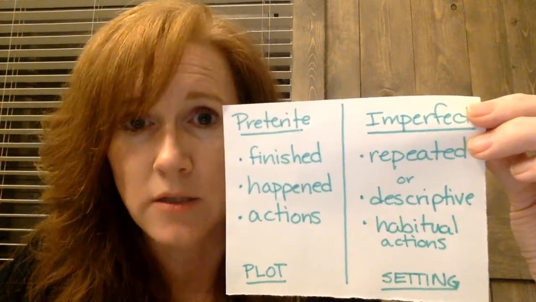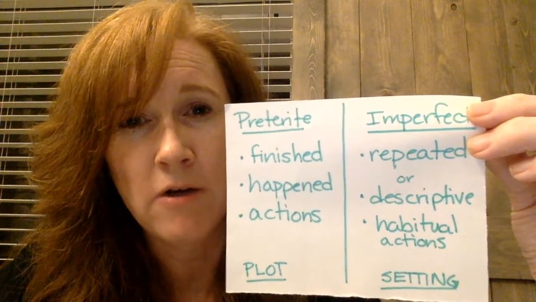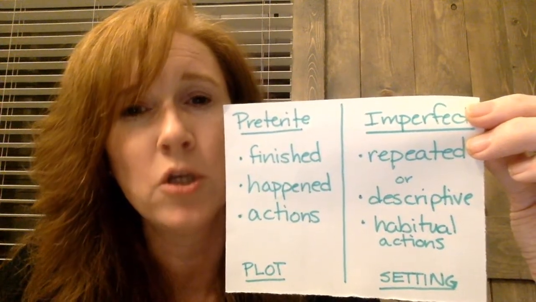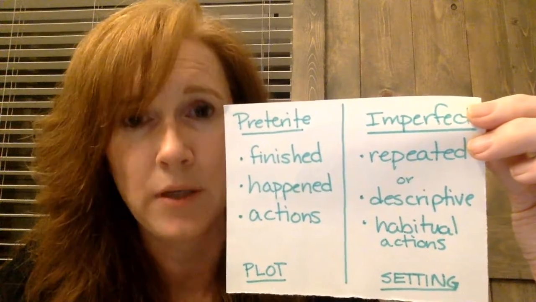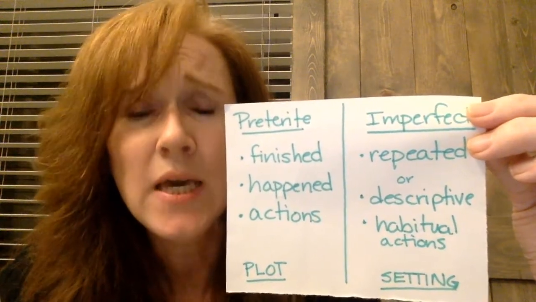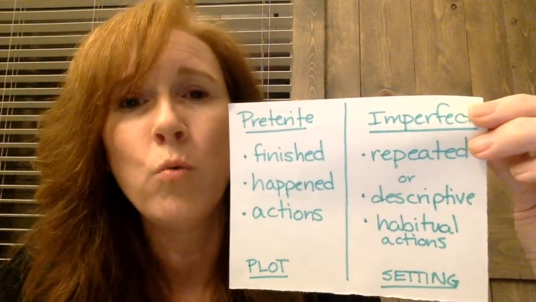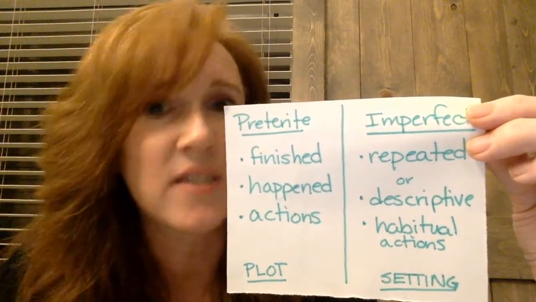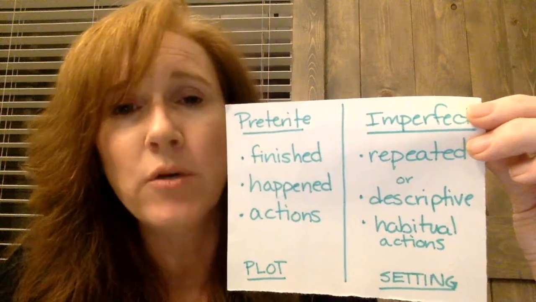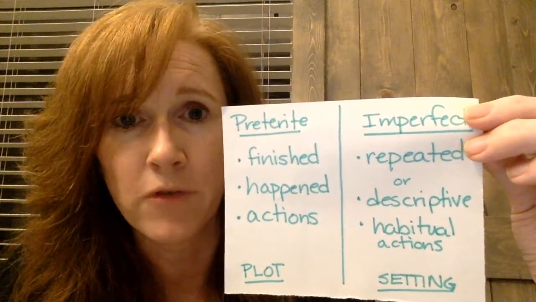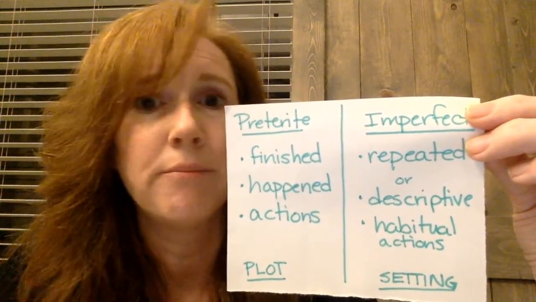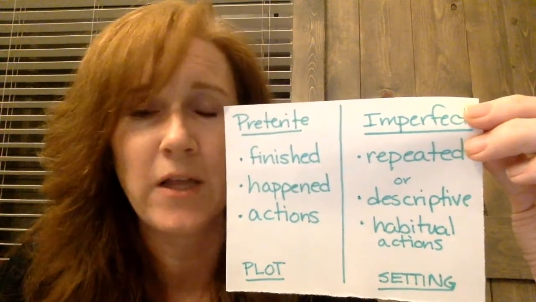That's the plot. That's why I have you writing a preterite paragraph about your vacation, because I want you to get used to what actions happened being the preterite. The imperfect, however, is more of setting. What was going on when all of a sudden something happened? So I was riding my bike, that's the imperfect, when a bird fell out of the sky.